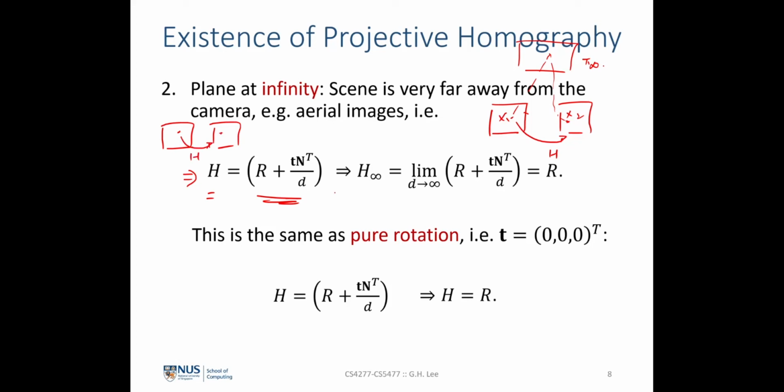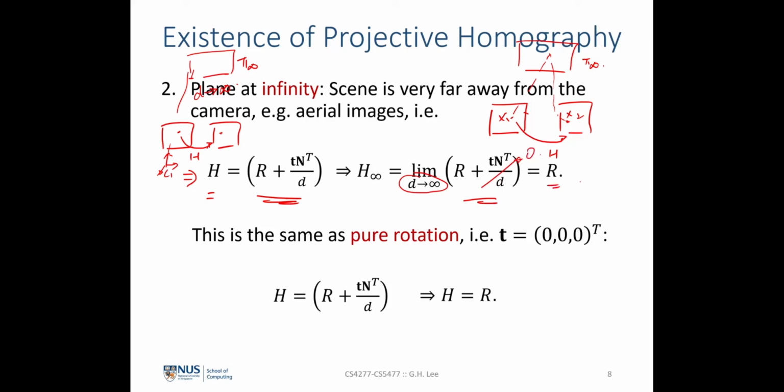In the case of the plane at infinity, the distance between camera frame 1, C1, and the plane has to be close to infinity. This means that d has to approach infinity, and hence this plane would be close to the infinite plane. Substituting this limit into this equation, this term becomes infinity, so the term will tend to 0, and we will be left with the rotation.